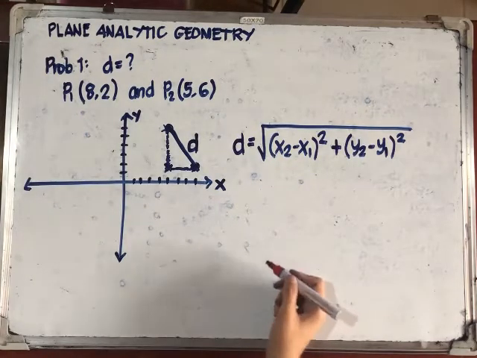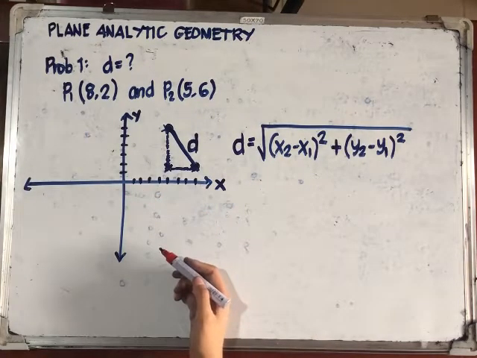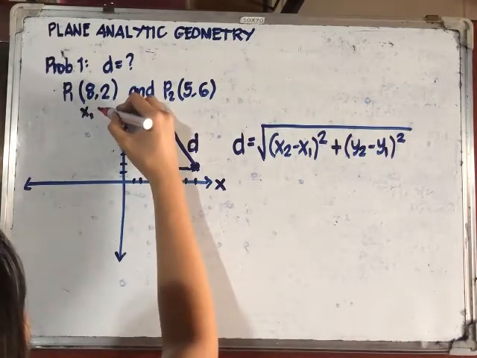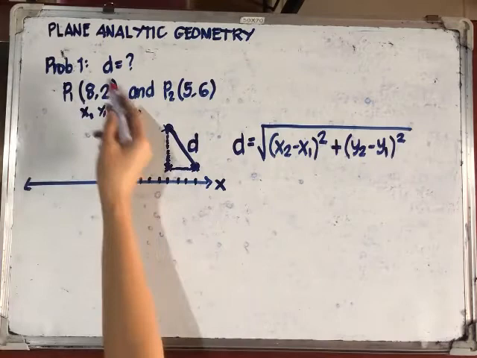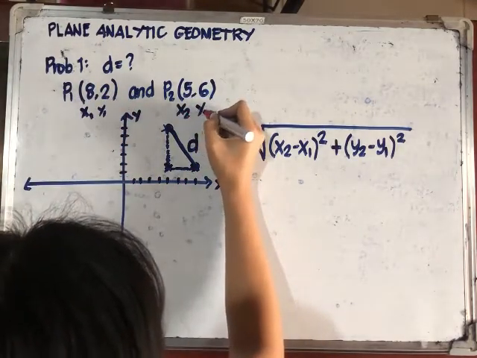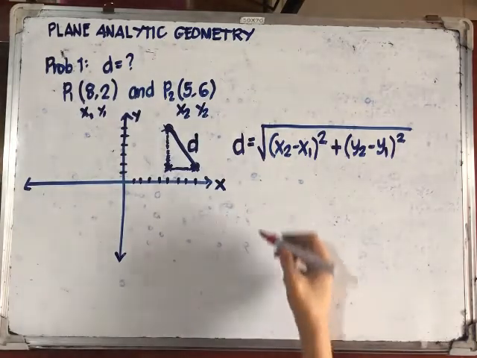In this case, you can set your x1 and x2, y1 and y2. Either way, you will land on the same answer whether you set this as subscript 1 and this as subscript 2, or the other way around.